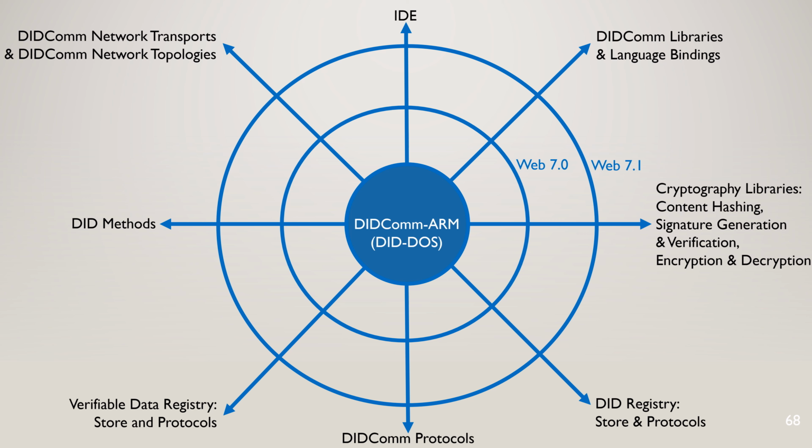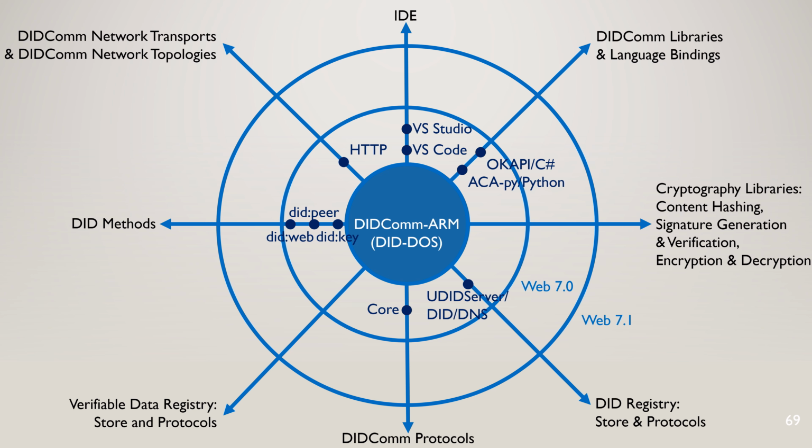In terms of looking at how Web 7.0 can evolve, I created this kind of roadmap meta model. And to make it a little more understandable, I put some points on the meta model. The idea is that the inner circle is labeled Web 7.0.